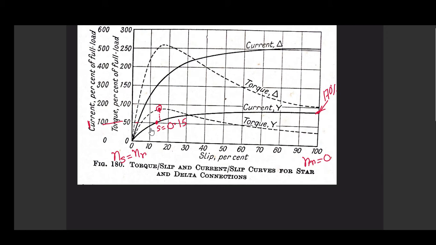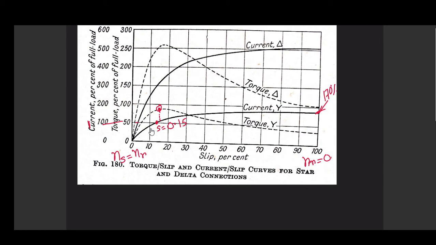and the answer, even with that approximate circle diagram, is obvious, because rated current is when your ISC or I2 dash is 100%.